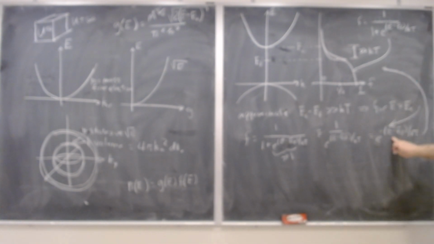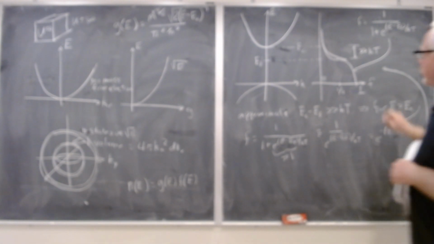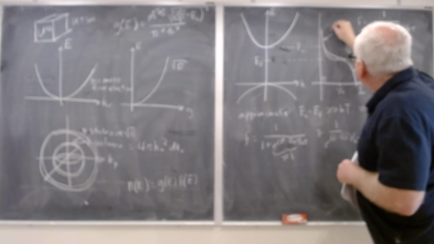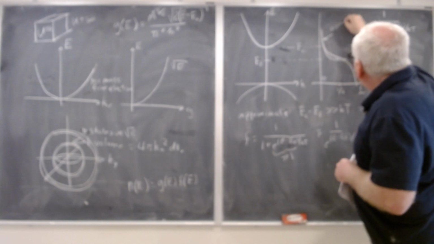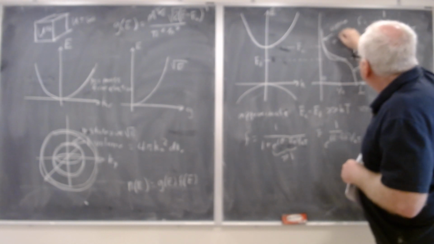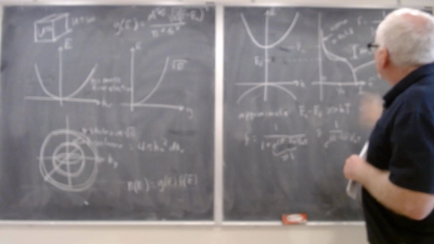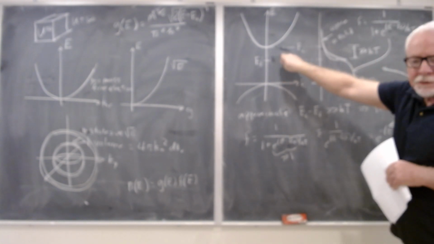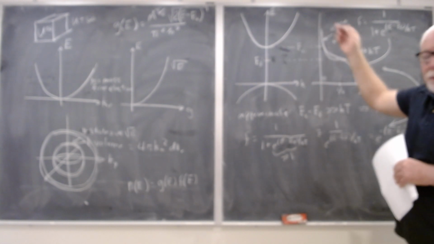Because for this, if E equals EF, that would be 1. And so there, the approximation is valid. And since we're only interested in energies above the bottom of the conduction band, we're good to go.